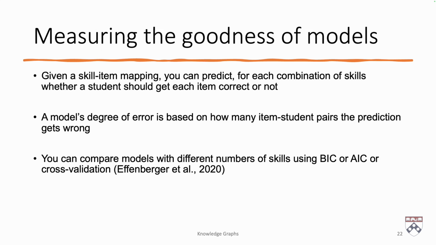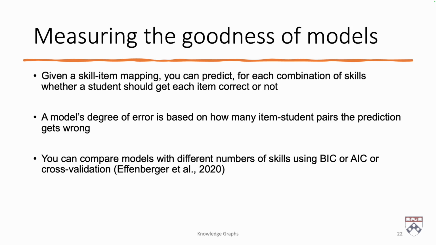So with this understanding, we move on to the next step where we say, let's say you're given an initial set of skill to item mapping. We'll try and predict whether a student is going to get the items that have been mapped to the skills we have identified, for each combination of skills, right or not.